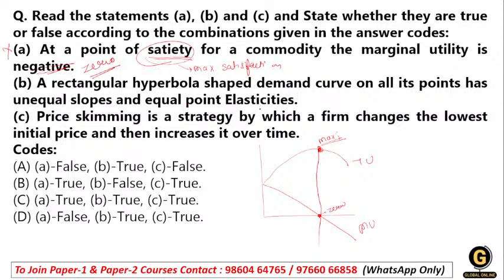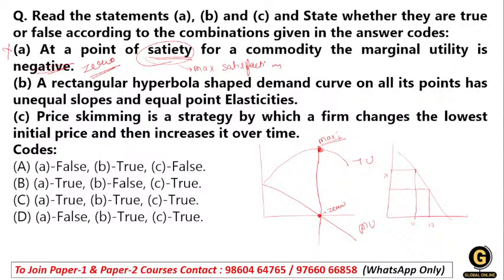This statement is true, because a rectangular hyperbola represents unitary elasticity of demand. That means if you increase your price by 10 percent, your quantity decreases by 10 percent, and if you decrease price by 10 percent, quantity increases by 10 percent.